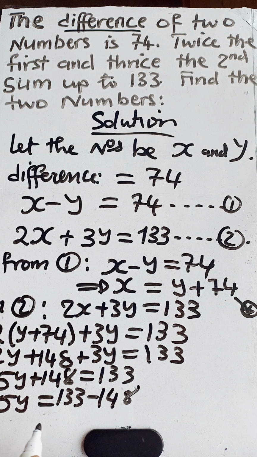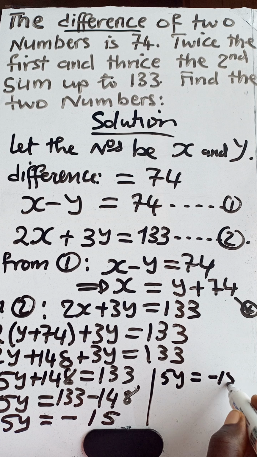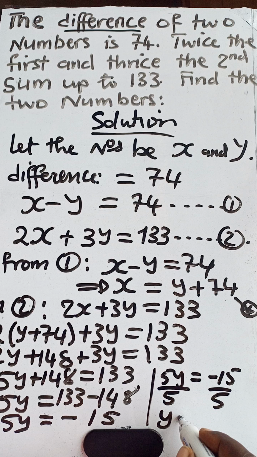Okay, 133 minus 148 will give us negative 15. So we have 5y is equal to negative 15. Therefore, what is y? If 5y is equal to negative 15, it means if we divide both sides by 5, we're going to get the value of y. The value of y is negative 3.